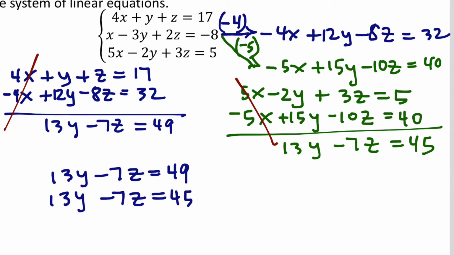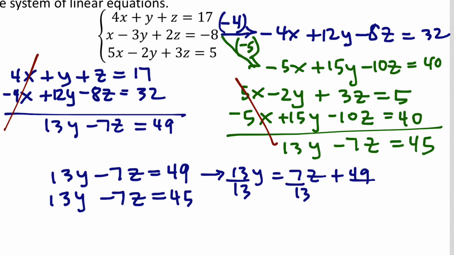So let's solve one of them for y. So let's solve the first one for y. So I'll have 13y is equal to 7z plus 49. So dividing by 13, I'll have y is equal to 7 over 13 z plus 49 over 13.